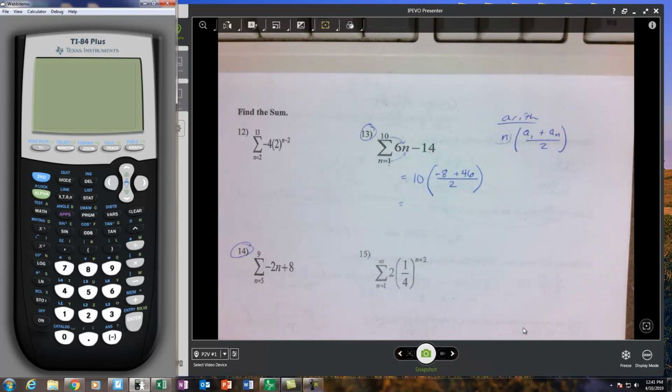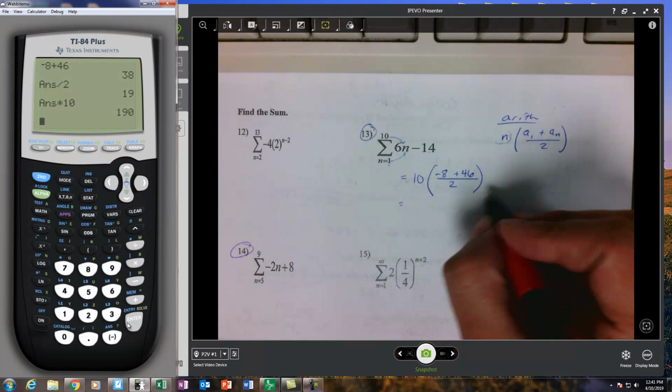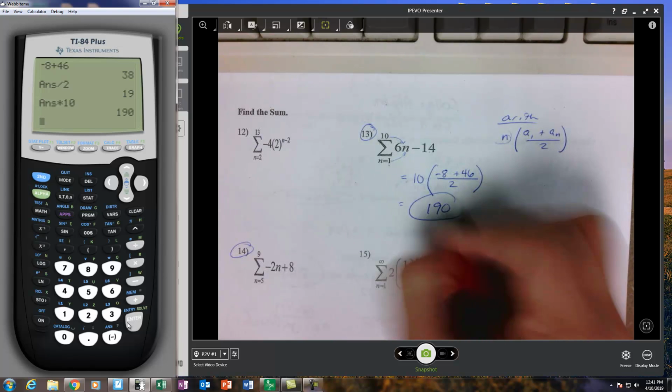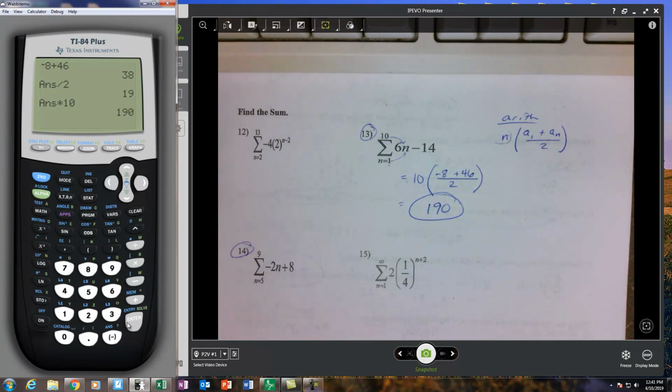So to get this solved out completely, we're going to take negative 8 plus 46 divided by 2, and then we'll times that by 10, and that gives me an answer of 190. Now if you did this in the calculator and you got 190, you're good to go.